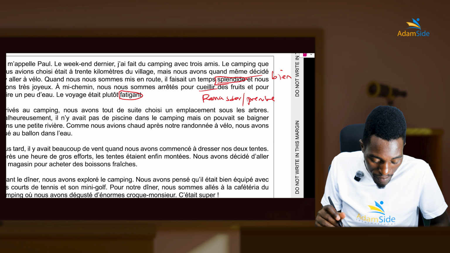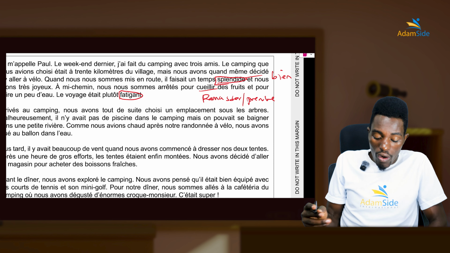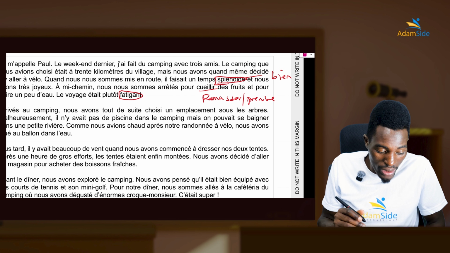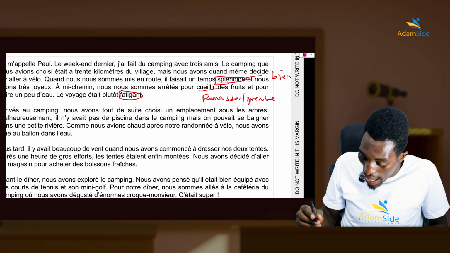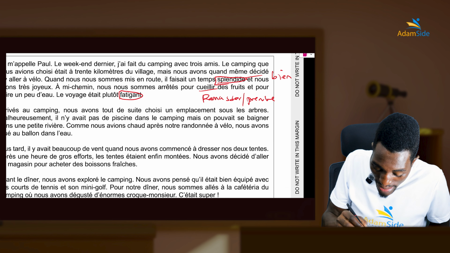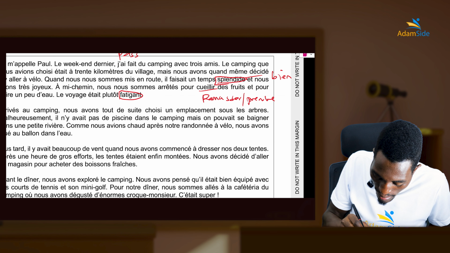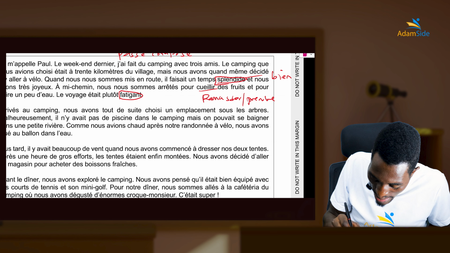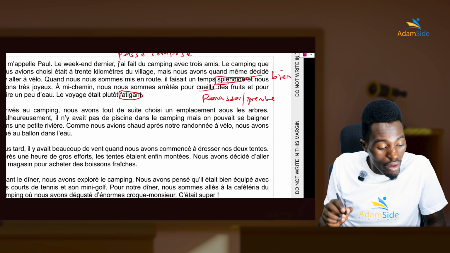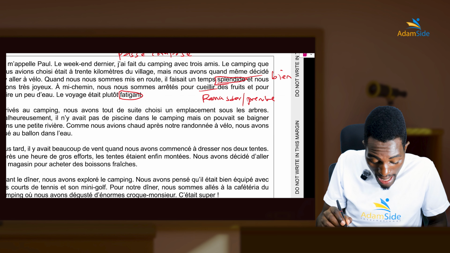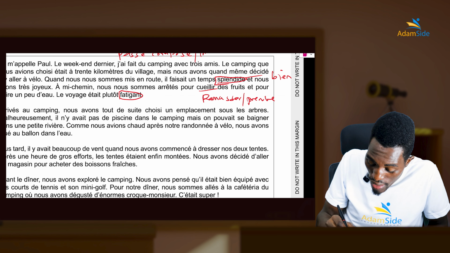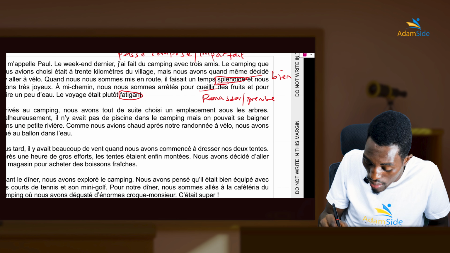To take. Okay. So, before I start answering, this question tests passé composé. This text is in passé composé. So for you to understand this one, you need to know passé composé. It also has imparfait. That's the tense that you have to know.